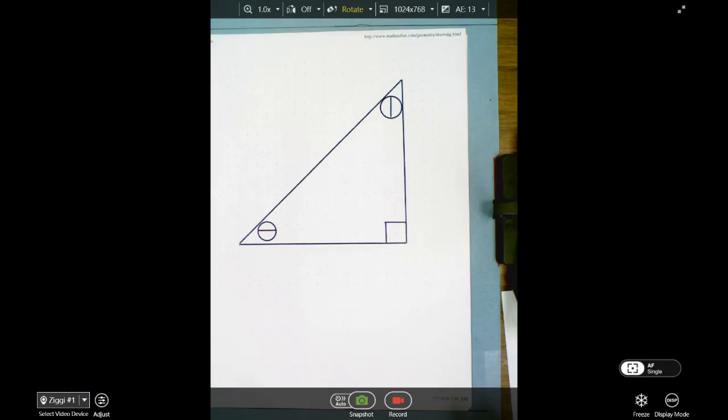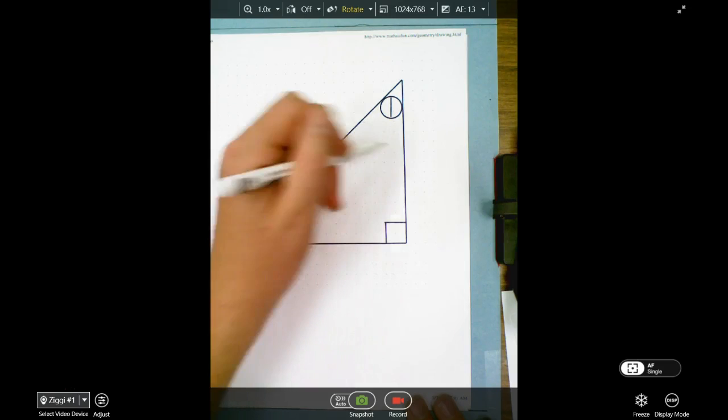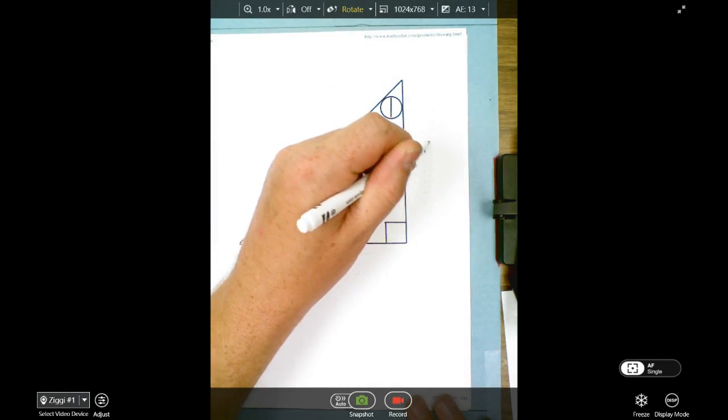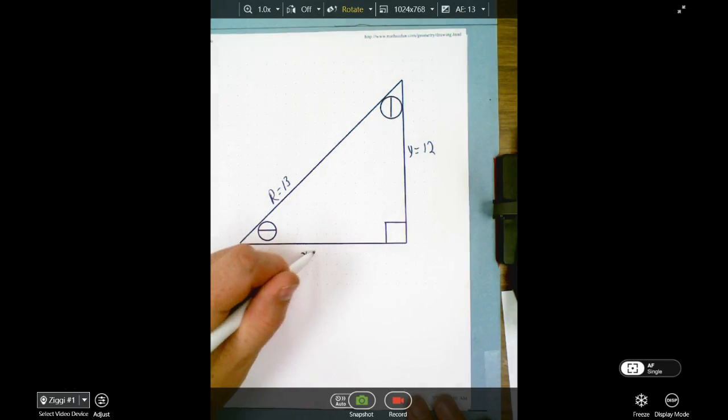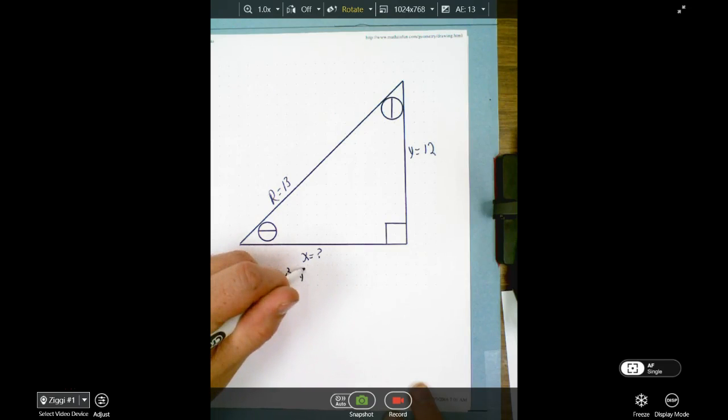Now, what happens if we were to change this triangle a little bit and say, let's make r equals 13 and y equals 12? X then equals what? Well, based on the little toolkit we have, we know that r squared equals x squared plus y squared.